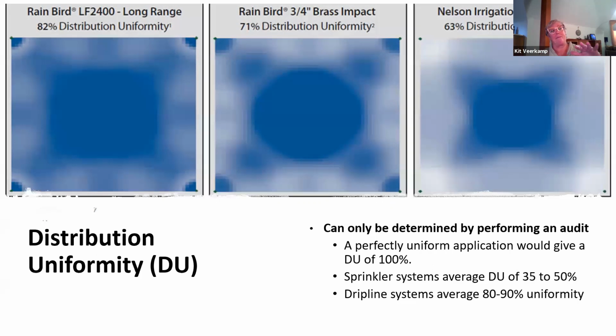Matter of fact, it's at best 82%. Standard is 63%. Whereas drip systems are closer to 90% than 80%, especially if you're using pressure compensating. You have far more control over where that water's going.